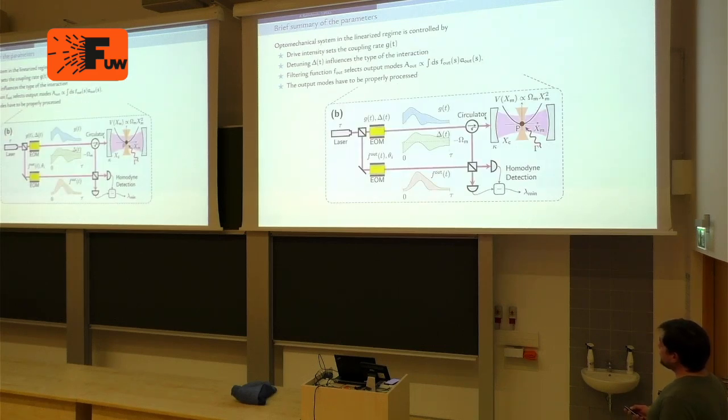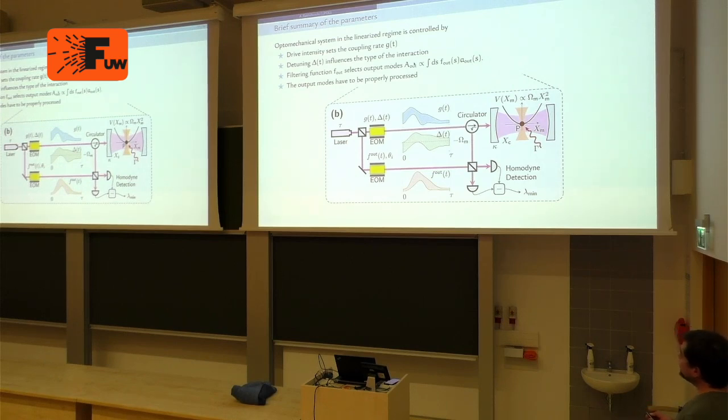Right, and in general, in, let's say, a realistic optomechanical system, there will be quite a few parameters which influence the process of generating the entanglement. So we can change the coupling rate as a function of time by modulating the drive power. We can change the detuning to maybe alternate between the two-mode squeeze interaction and the beam splitter interaction a bit.